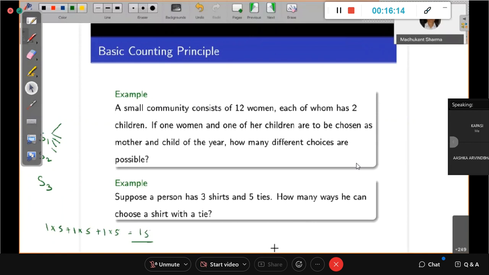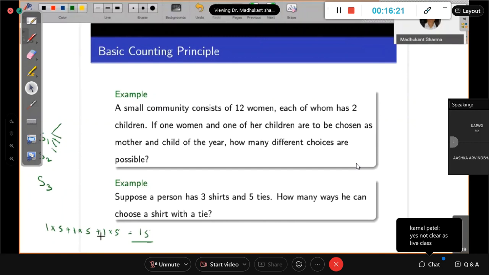What is happening here is a simultaneous task. Instead of 1 into 5, 1 into 5, you can simply go with 3 into 5, because the 3 shirts are alike and the 5 ties are alike.